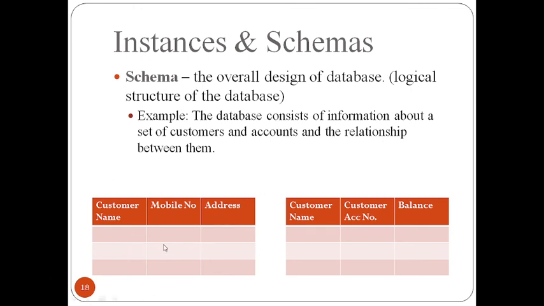This is the blank table here: customer name, mobile number, address. I am going to enter the values for the customer name, mobile number, and address. And what will be the data type for these columns? This is the row and column format, the relational database. The customer name will be character type, mobile number will be number type, and address will be, suppose, character and number mixed.